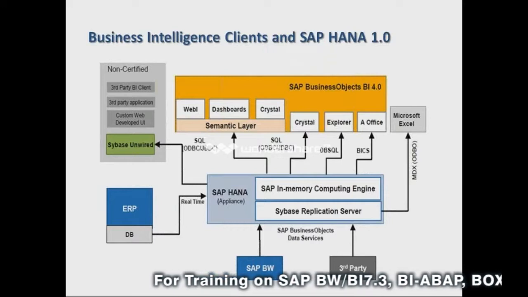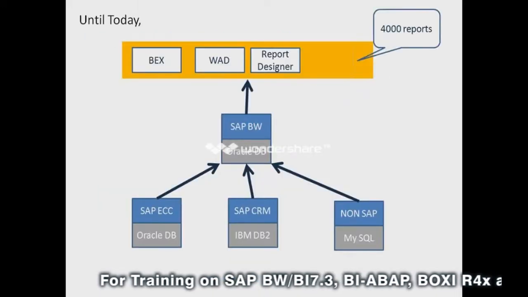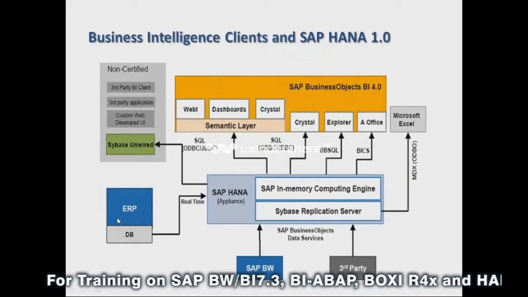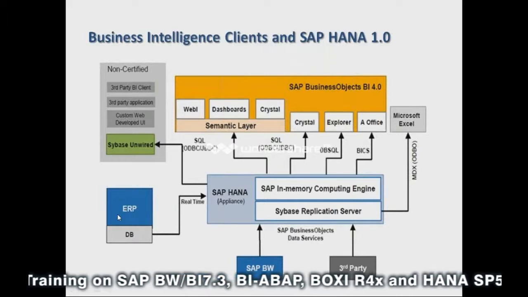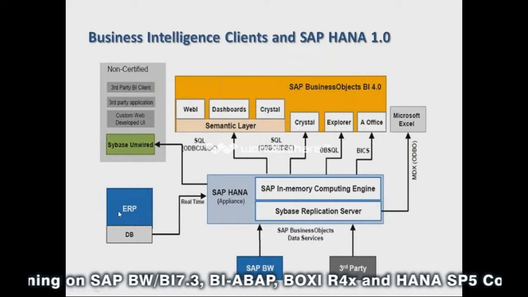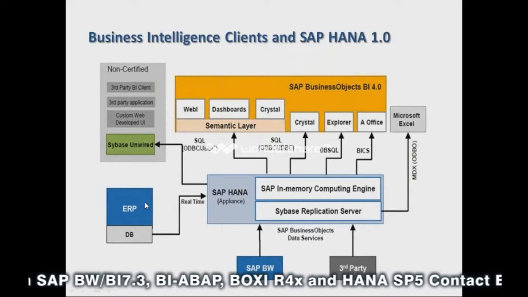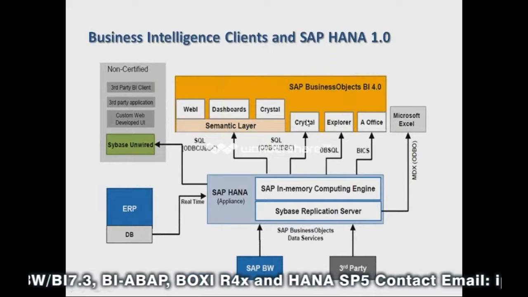Depending on requirement, we extract the data into the SAP BW system, and on top of it we use the OLAP tools available in SAP BW: BEx, WAD and Report Designer. Three different tools for three types of reports: ad hoc reports, real-time or OLTP reports, and dashboards. So this is what we have been following till today.